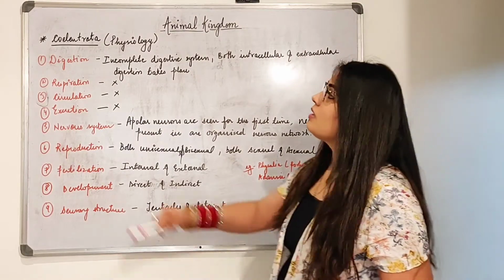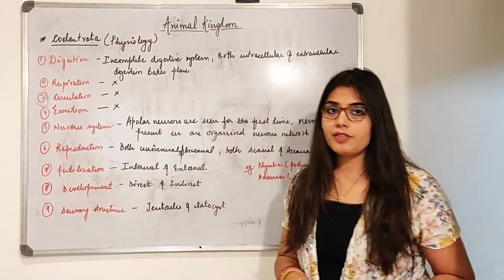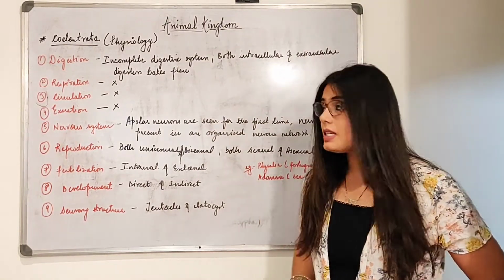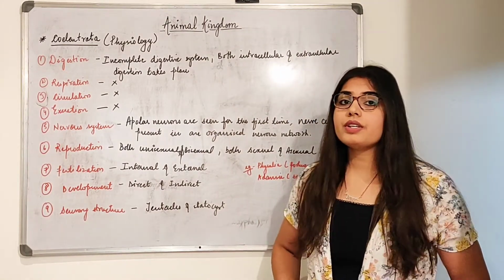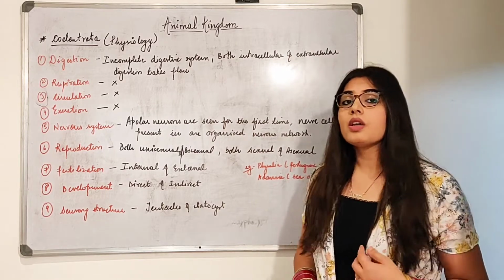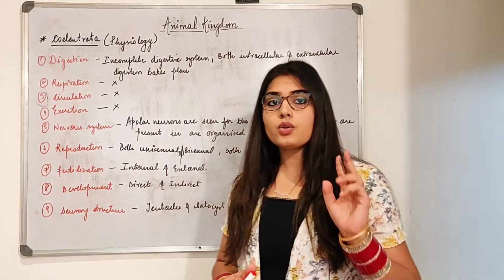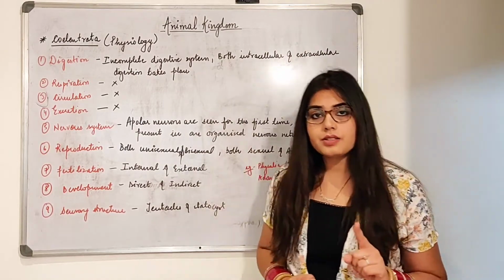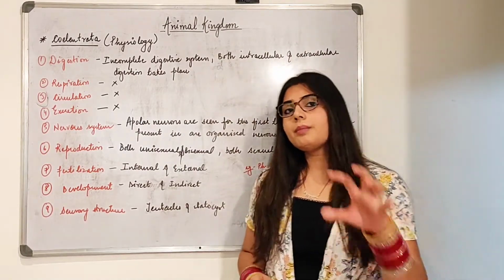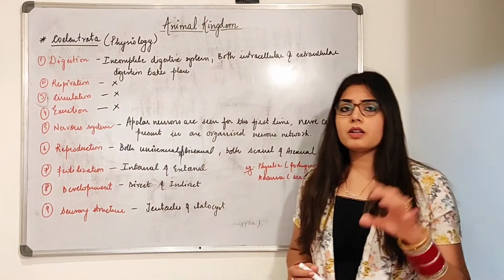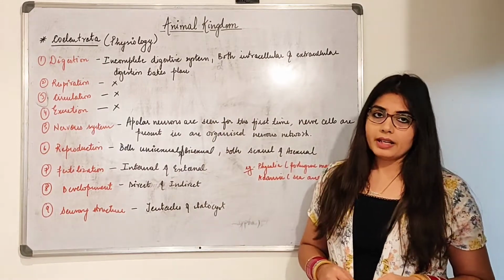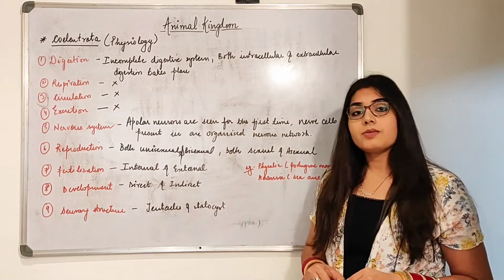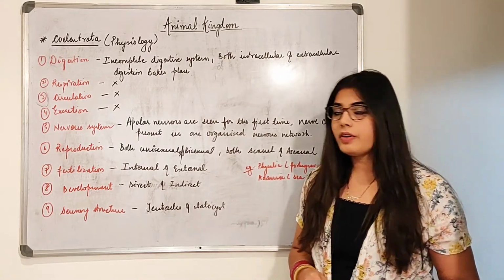The next topic, beta, will be the physiological features of the phylum we were earlier doing, that is Coelenterata. As you all know, Coelenterata is also known as Cnidaria. We have done two videos on this topic. In one video we covered the general characteristics, and in the second we covered many small points about the phylum, like metagenesis, the two forms in which coelenterates exist, as well as the cnidoblast cells.